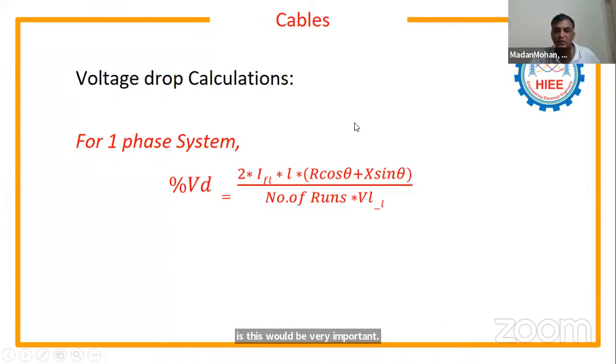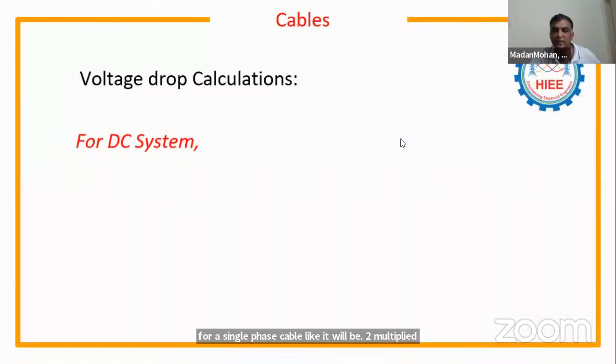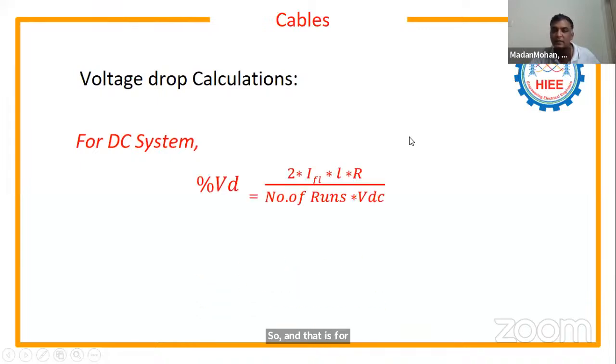Percentage voltage drop for a single phase cable will be 2 multiplied by IL (R cos phi plus X sin phi) divided by the number of runs, and that is for AC and this is for DC. If your connected load is a DC load and you are doing the cable sizing calculation for a DC application, this is the formula for voltage drop for DC.